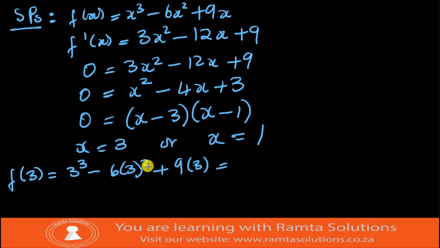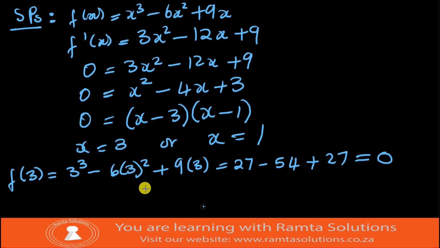You can press this on your calculator. 27 minus 6 times 9, which is 54, plus 9 times 3, which is 27. So this is 0.